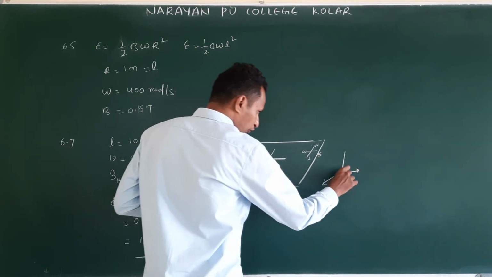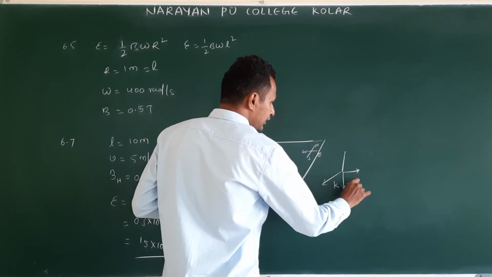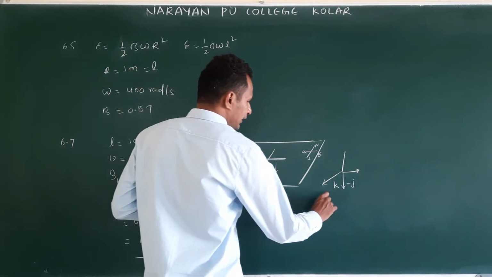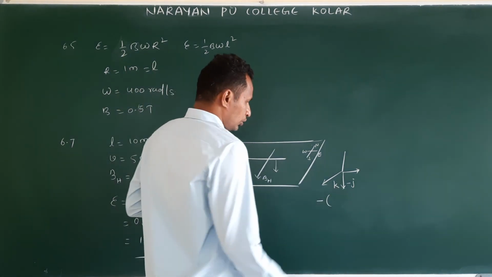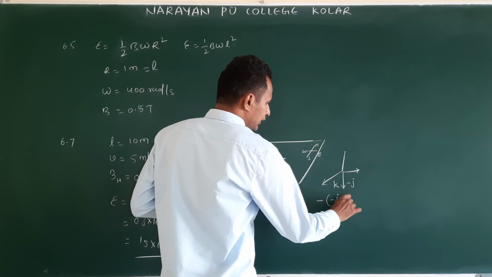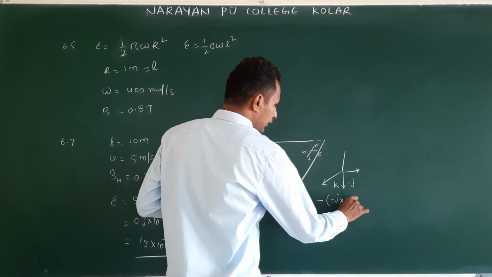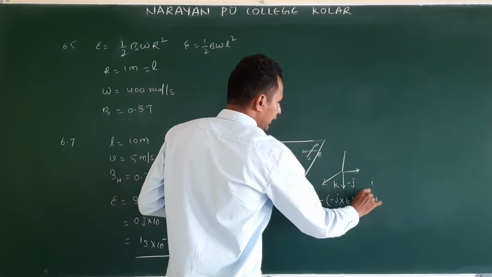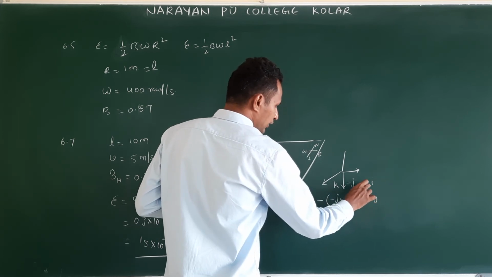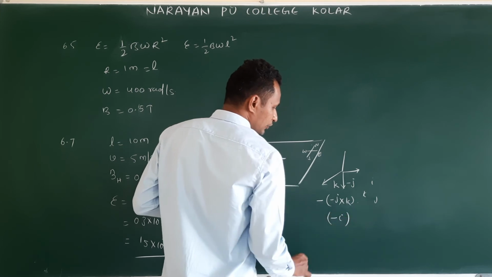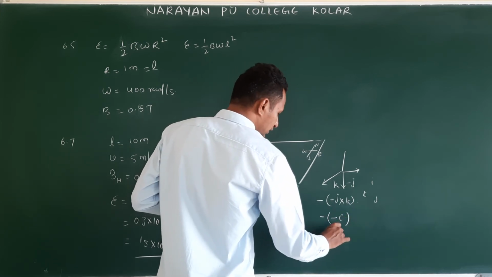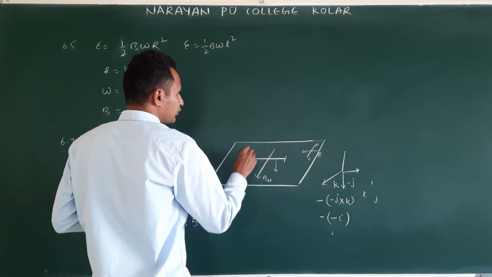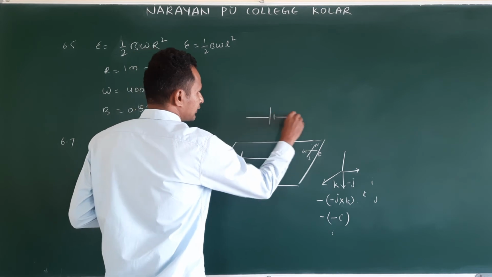The rod is falling down, so the velocity is along minus J. Electrons experience a force of minus e times V cross B, that is minus J cross K. With I, J, K, doing the cross product J cross K, we get I, and with the minus signs, minus of minus is plus. Plus means all electrons move to this side, and the remaining end is this. So this acts like this.